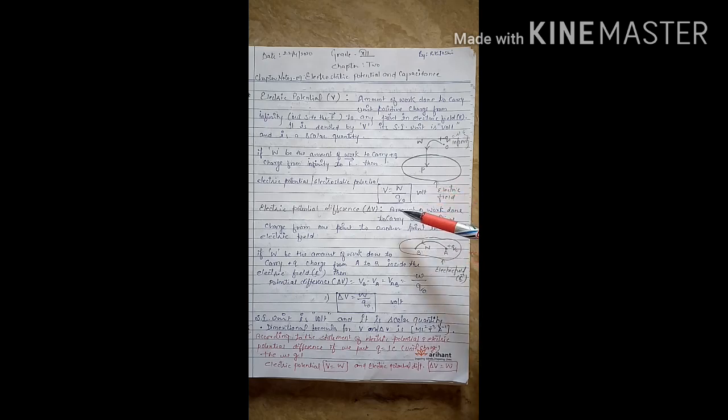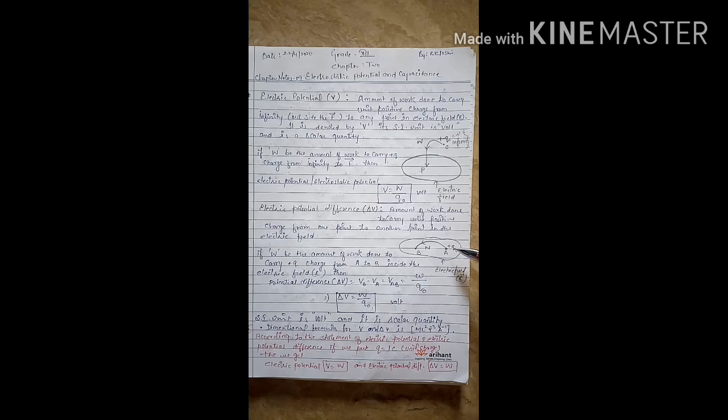So in this definition, we carry the charge from one point to another point inside the electric field. But in the previous definition, we carry the unit test positive charge from outside the electric field to any point inside the electric field. So this is the difference between electric potential and electric potential difference.